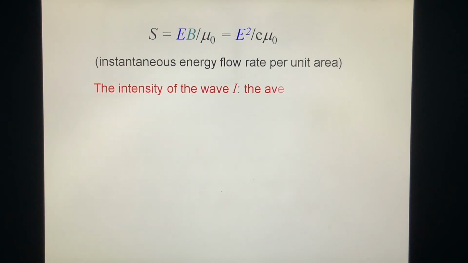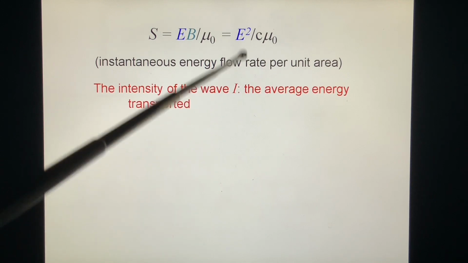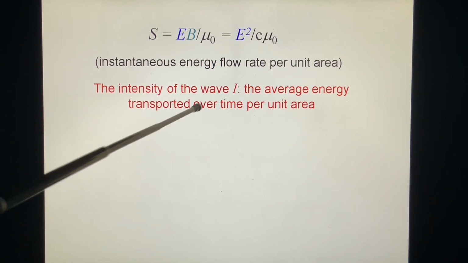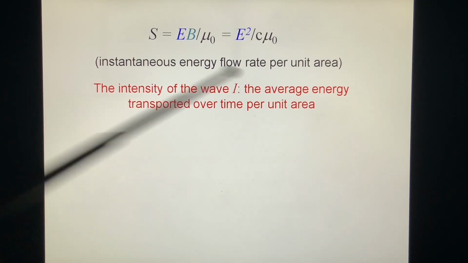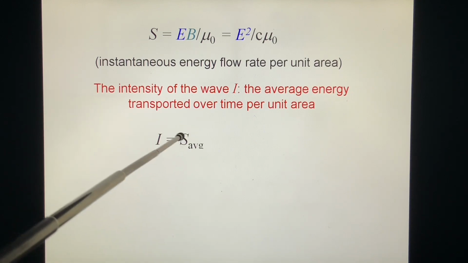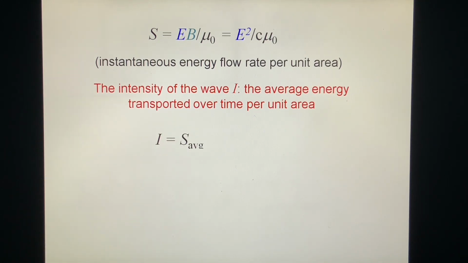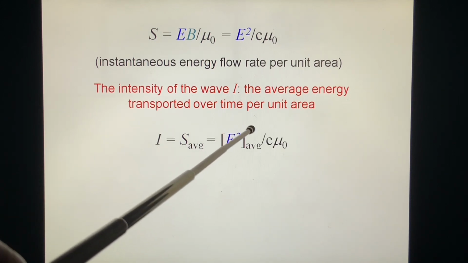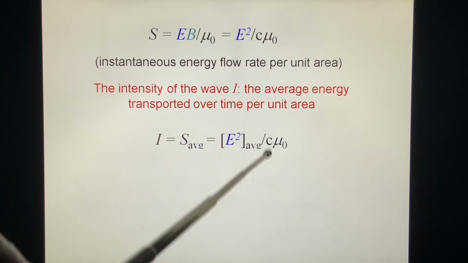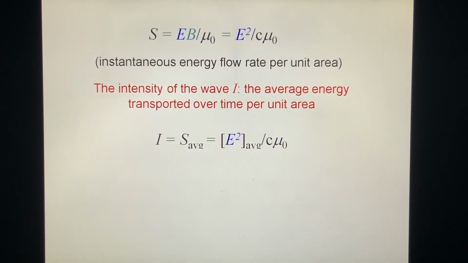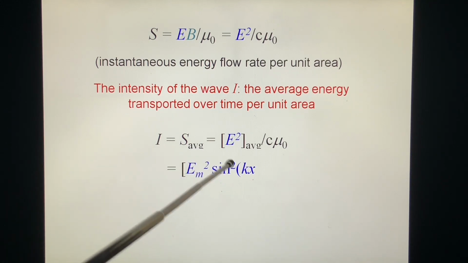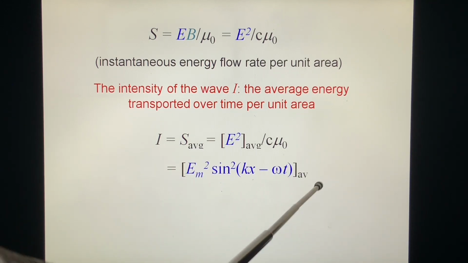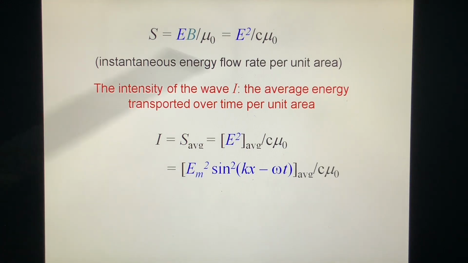The intensity of the wave I, or the average energy transported over time per unit area, is equal to the average Poynting vector. And this equals E squared over c mu 0, averaged. What is E? E equals E max times sine, so E squared is E max squared sine squared, averaged, over c mu 0.